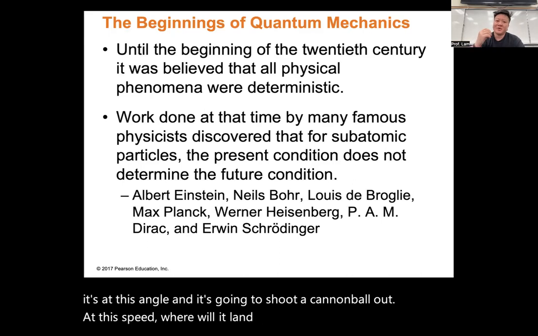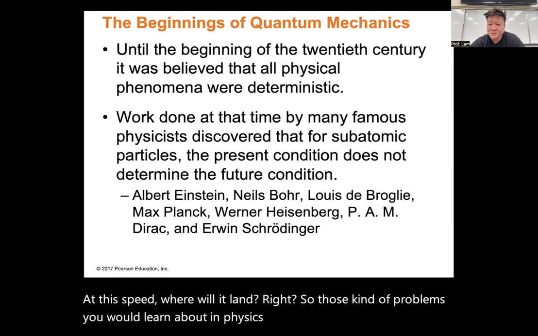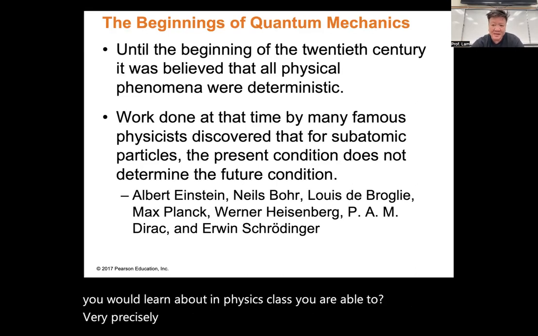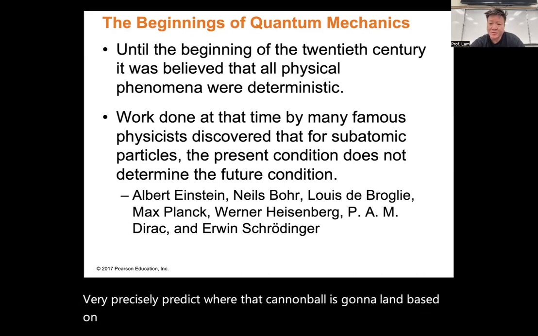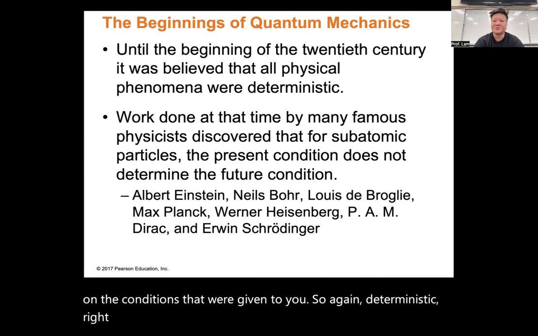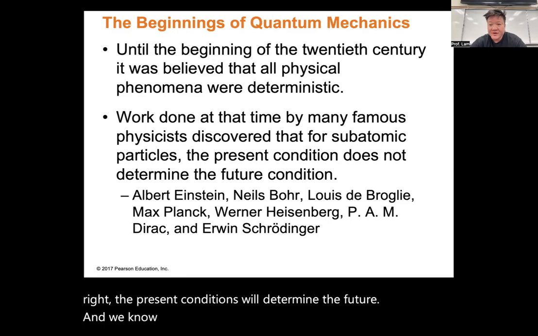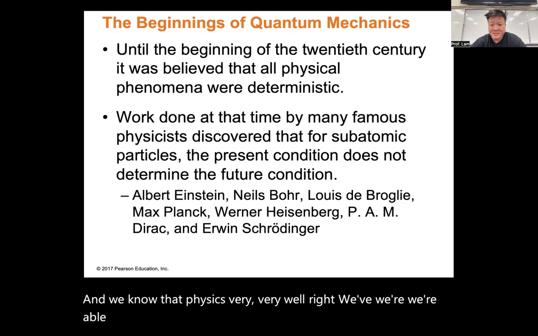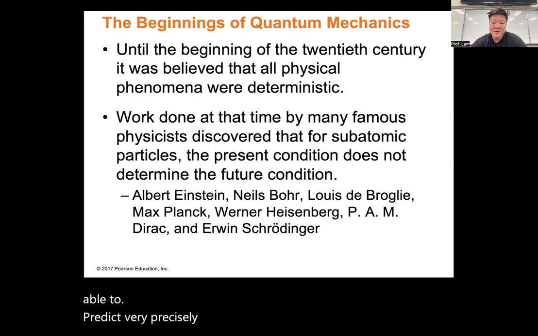And so those kind of problems, you would learn about in physics class, you are able to very precisely predict where that cannonball is going to land based on the conditions that were given to you. So again, deterministic, right? The present conditions will determine the future. And we know that physics very, very well, right? We're able to predict very precisely those kind of things.